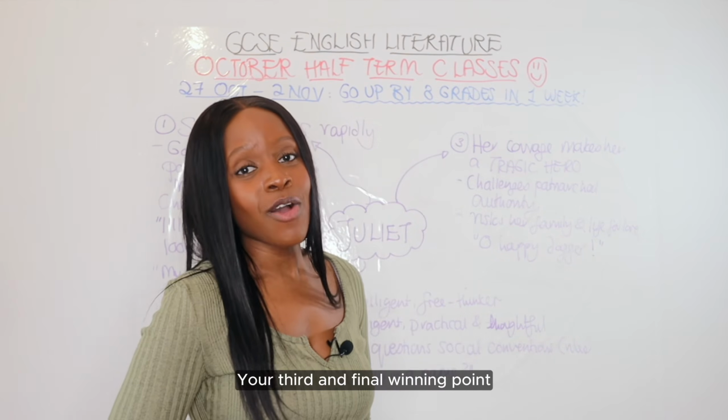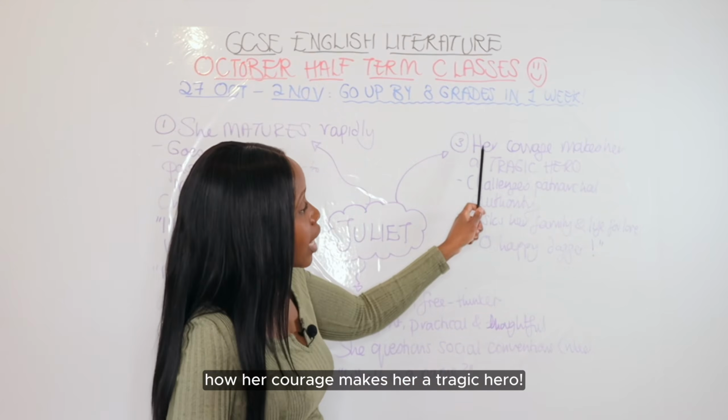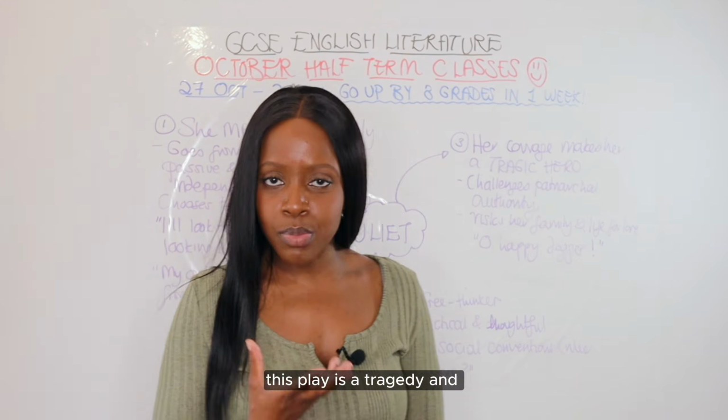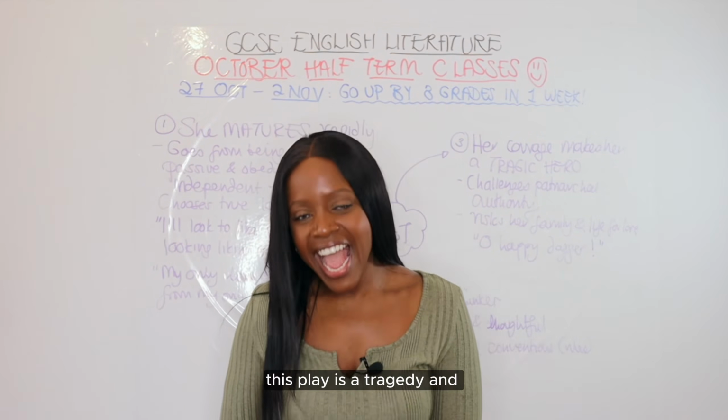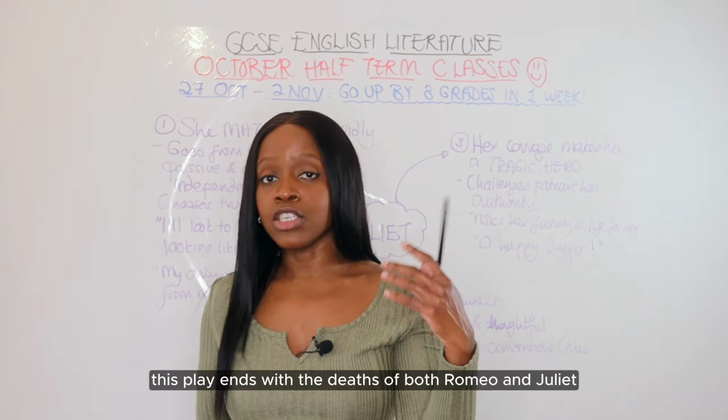Now, your third and final winning point with Romeo and Juliet is, of course, how her courage makes her a tragic hero. Remember, obviously, this play is a tragedy. And of course, this play ends with the deaths of both Romeo and Juliet.